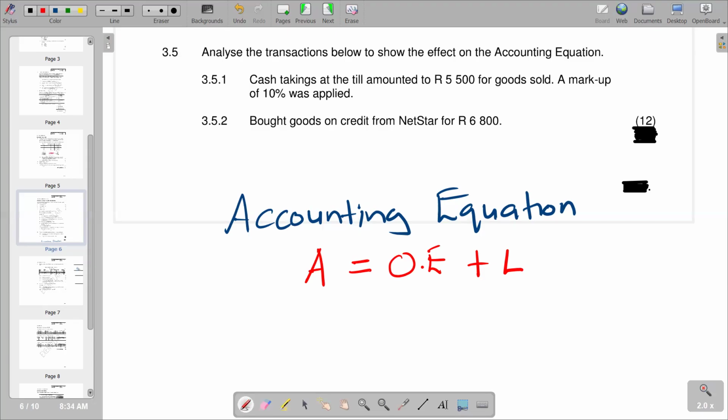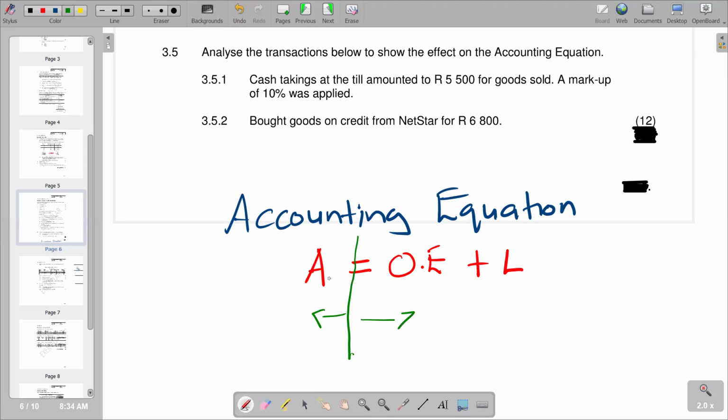So our question is on effects on the accounting equation. What we are supposed to know, looking at a transaction, is that you have two sides: one side has assets, and the other side has owner's equity plus liabilities.